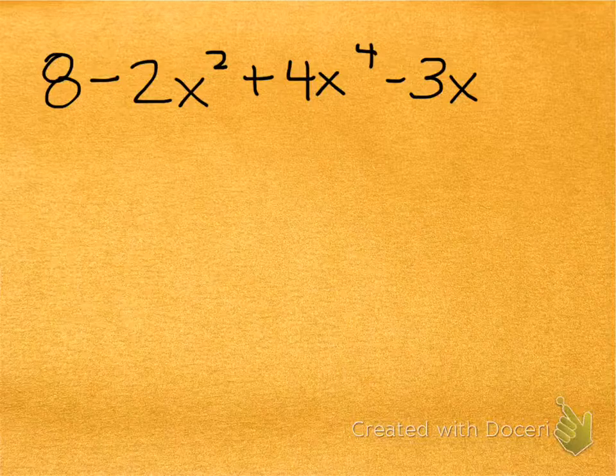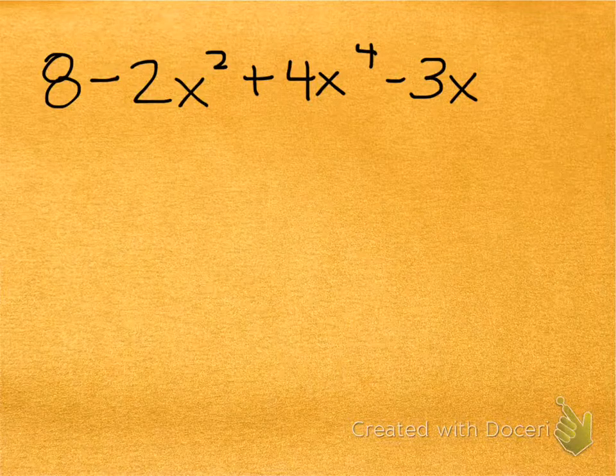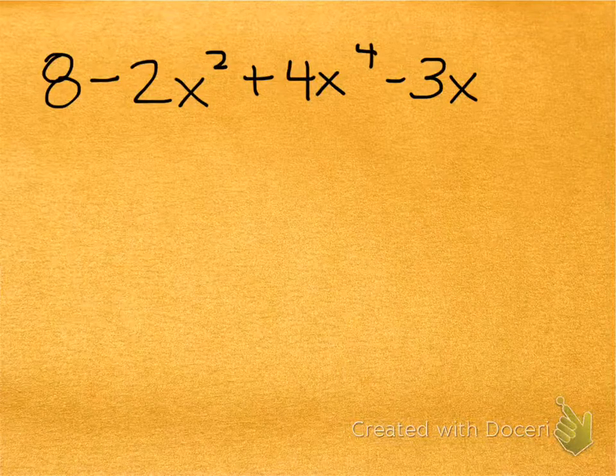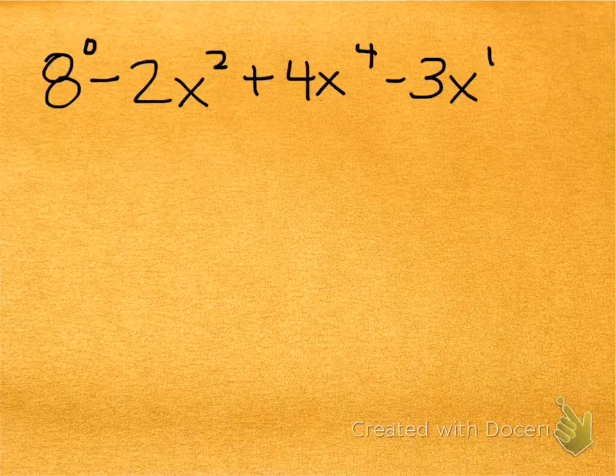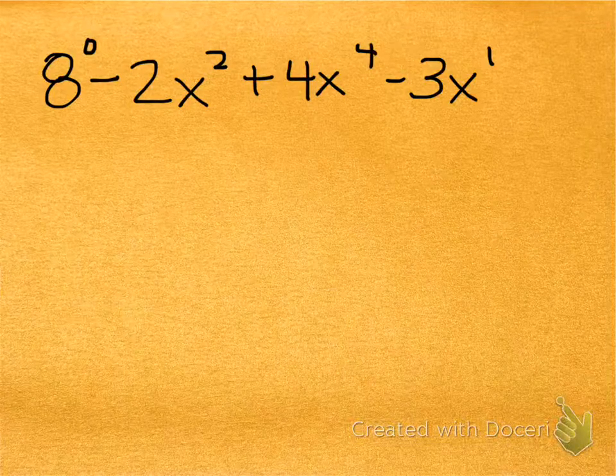The next one here, we're asked to put it in standard form and then tell me the leading coefficient. So again, standard form is putting it in order from greatest to least, in terms of the exponents. I always assign the exponents if they're not written there, just to make it clearer. So all numbers get a 0 exponent, and all variables that don't have exponents have a 1.